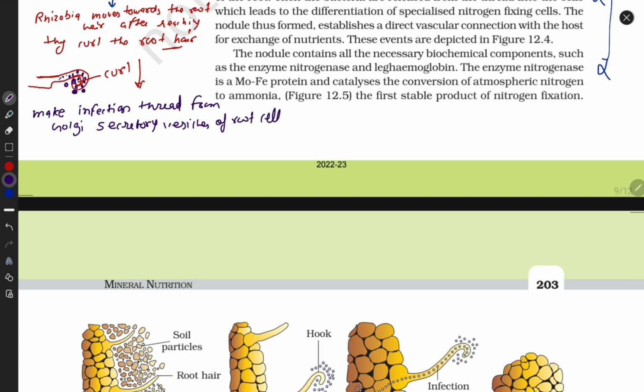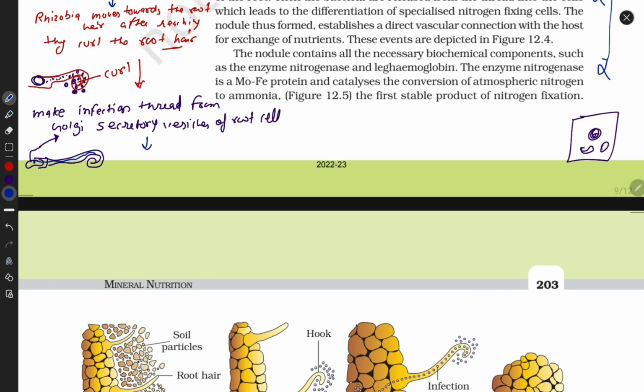After reaching here, they find cell organelles. We know a cell has a nucleus and cell organelles. After reaching the cell organelles, they meet the Golgi body and they give rise to an infection thread.